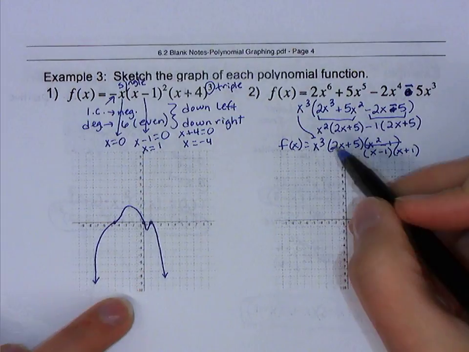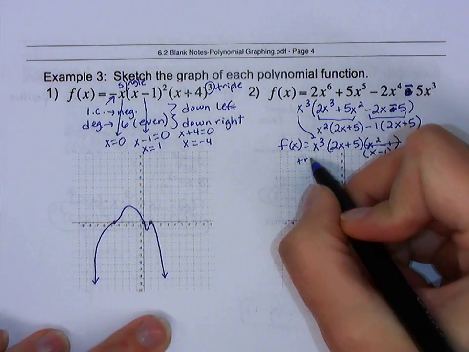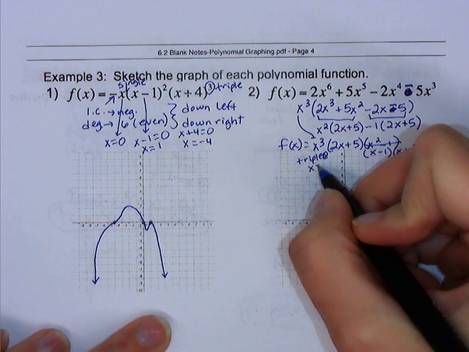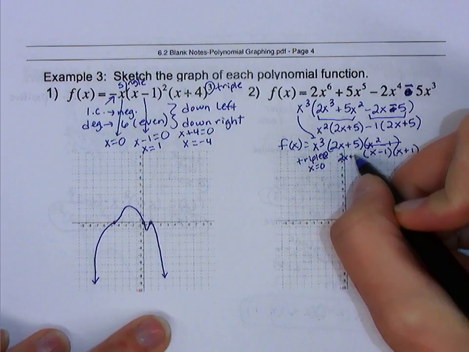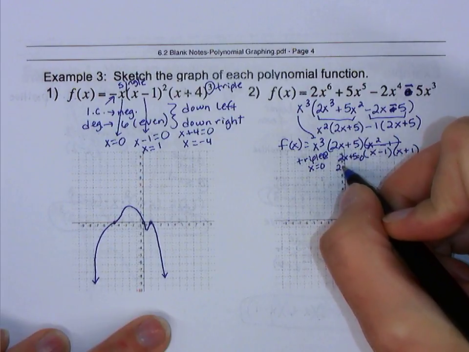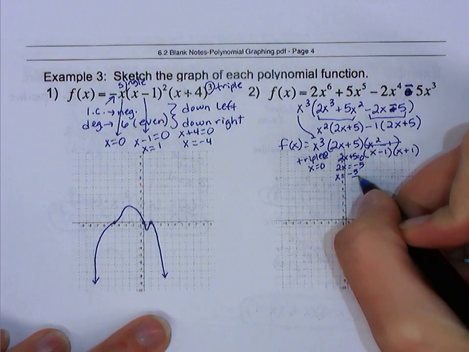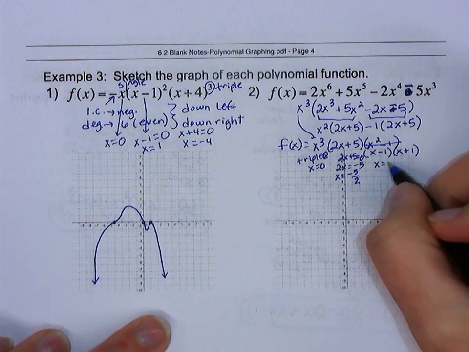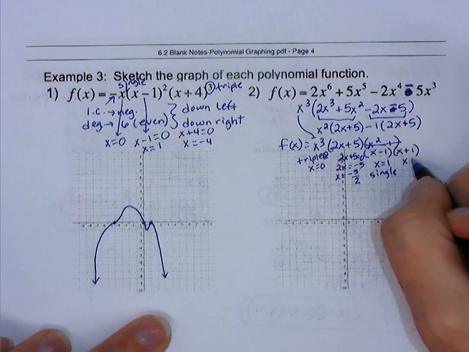So what happens is you have a triple root at 0, a single at, solve that, negative 5/2. That's a single. And then a single at 1. And a single at negative 1.